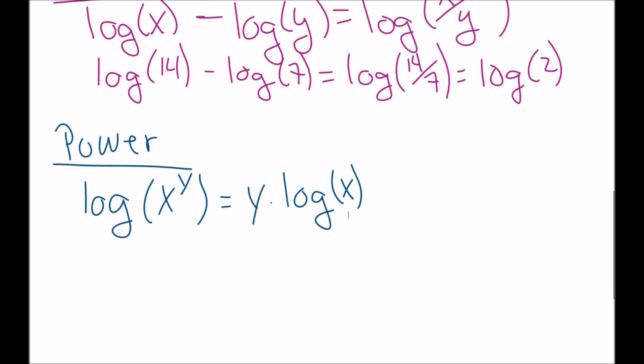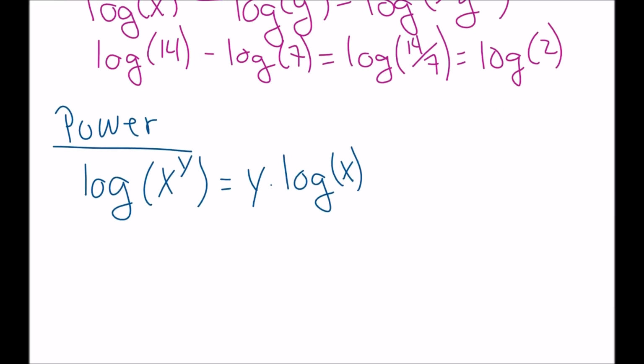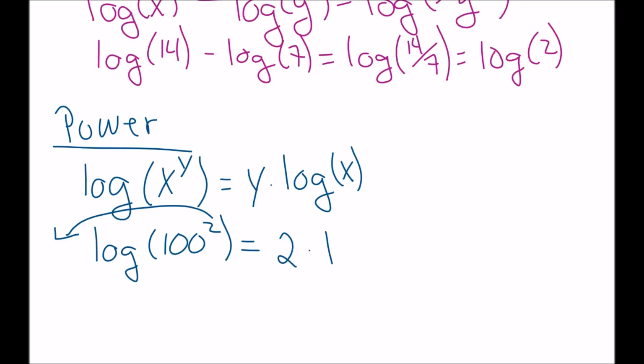Okay, so let's do an example. Let's say our example is the log of 100 squared. What this means is we can take that 2 and put it down here, so we have 2 times the log of 100.